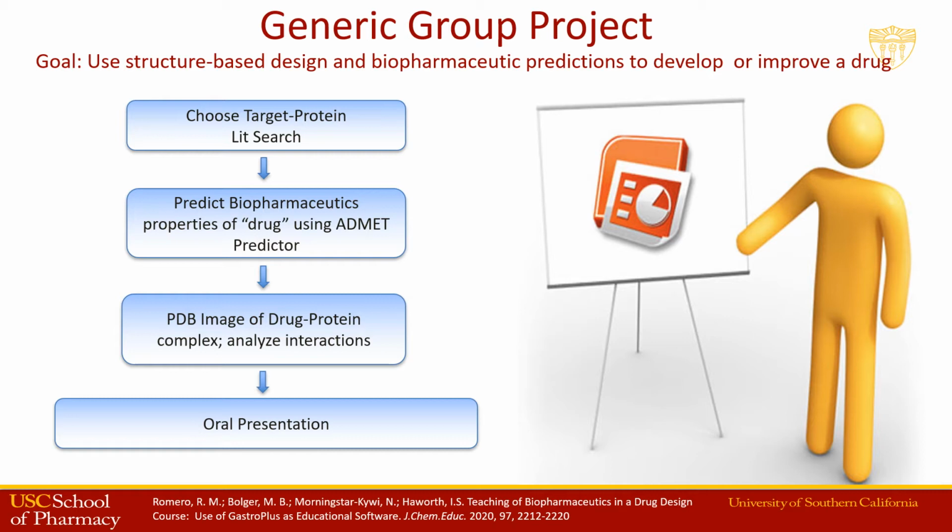The graduate courses are semester long, with 1 or 2 meetings per week. We teach very similar content between the undergraduate and the graduate courses, and we use ADMET Predictor and GastroPlus with both groups of students. However, with the graduate students, we give them more freedom to explore GastroPlus and other software.